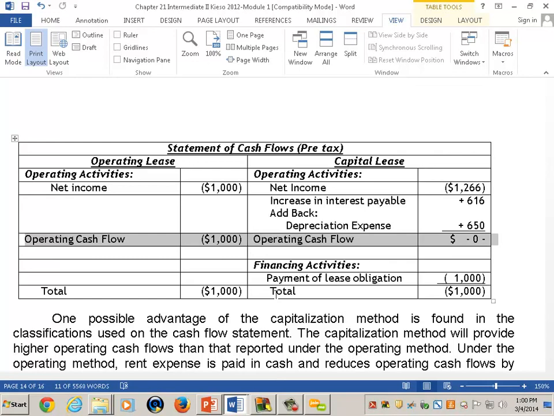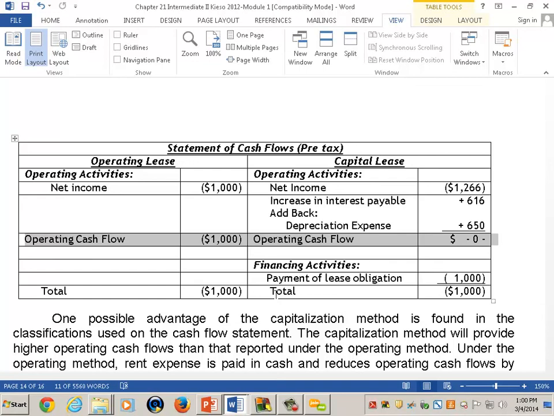When you look at a problem, make sure that you look for, at least for now, when you look at U.S. GAAP, we're not going to spend too much time on IFRS except to show some of the similarities and differences. But for U.S. GAAP, you have to look at the four conditions: transfer of ownership, bargain purchase option. If you're looking at the 75% test, don't forget that a renewal option affects the lease term.